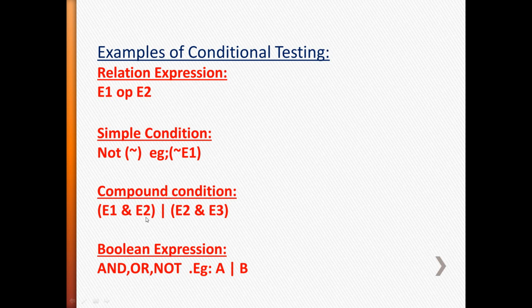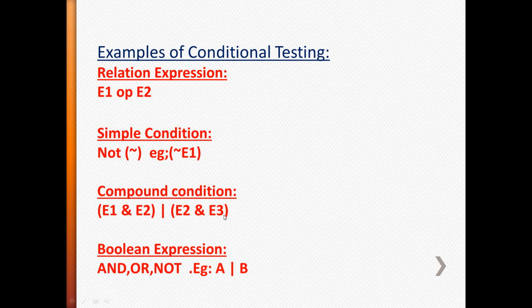Two or more conditions or expressions combined to produce a condition is called a compound condition. Here, expression E1 and operator, expression E2 is one type of condition.